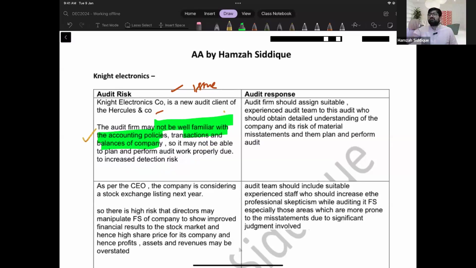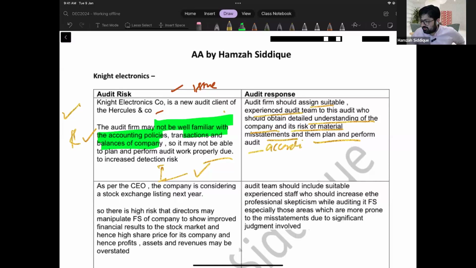Now, the response should address it. They may not be familiar: this is the risk and this is the impact. I told you the response should address the risk or the impact or both. So the audit firm should assign a suitable experienced team, obtain a detailed understanding and its risk of misstatement, and then plan and perform the audit accordingly.